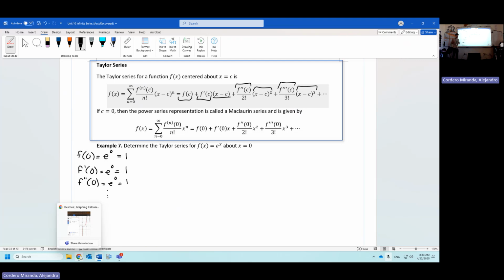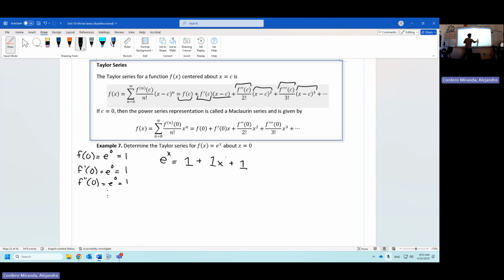You're remembering this, but if not, I'll go back and show you. So then my function e to the x will be equal to 1 for the function value, plus I need the derivative to be 1, so 1x to the first over 1 factorial, but I'm not going to write all that.